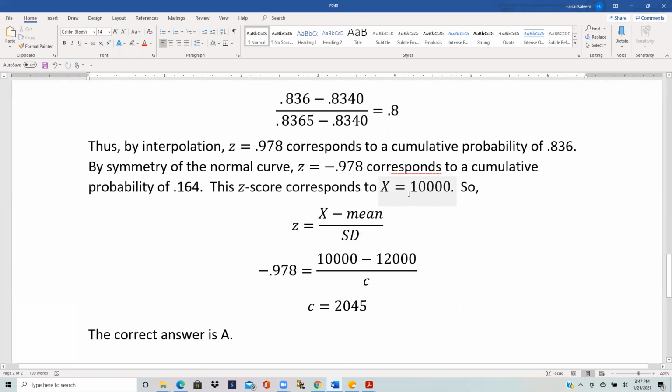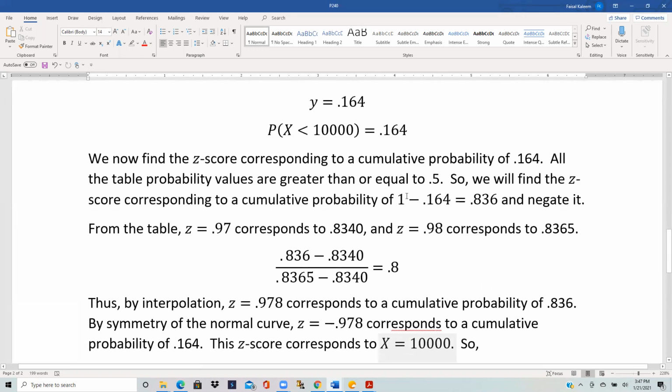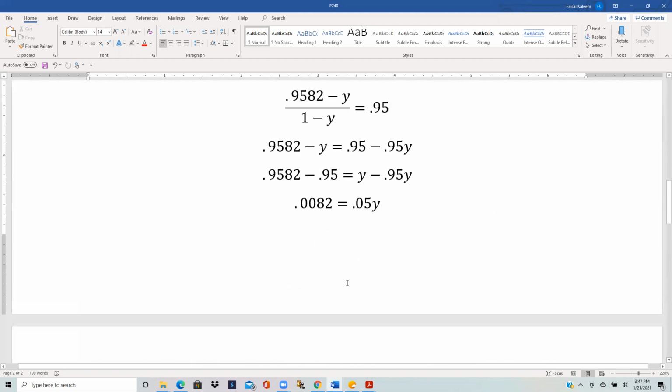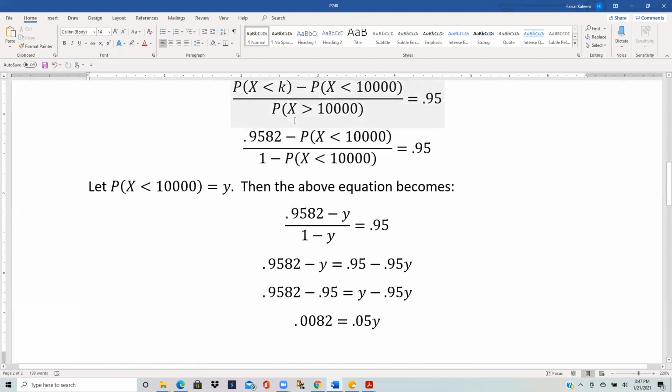Remember, the cumulative table always goes in the less than direction. So in order to correspond this x and the z that you found, you had to have the inequality going in this direction. So this was one of the reasons that, remember, at this step, we changed this greater than 10,000 into a less than probability.